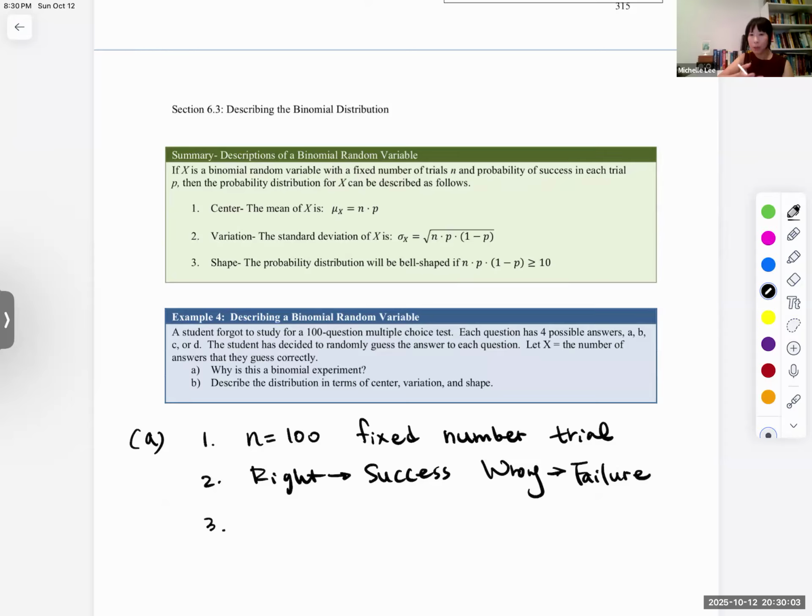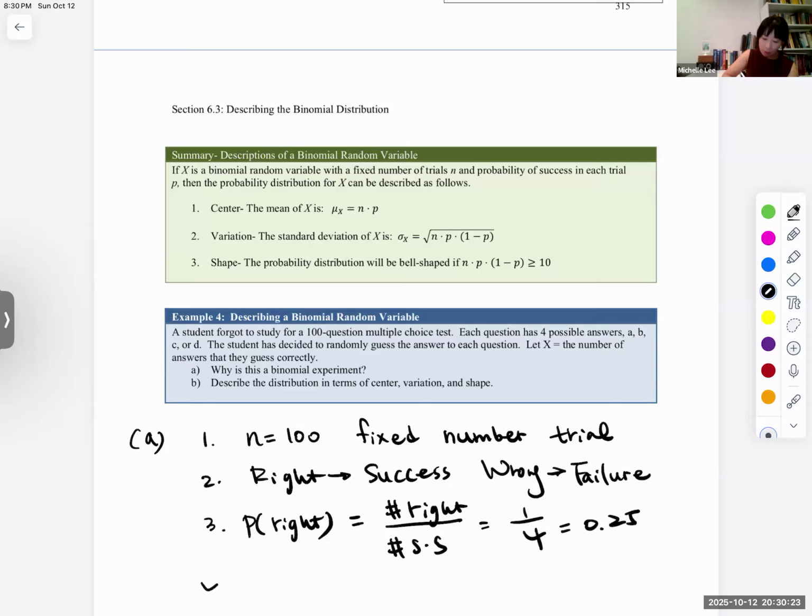So 4 possible answers, how many get it right? 1 correct, right? So number of right over sample size, 1 out of 4, which is 0.25, right? Okay, number 4, independent.